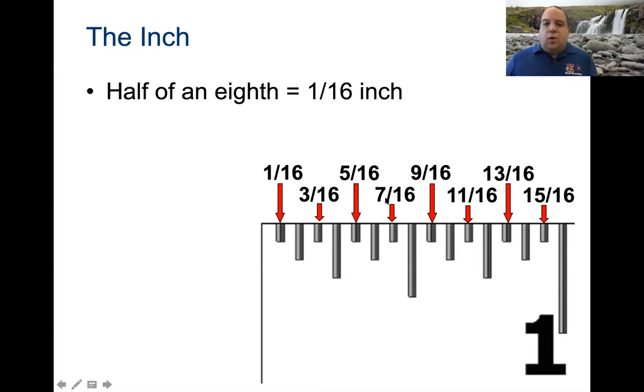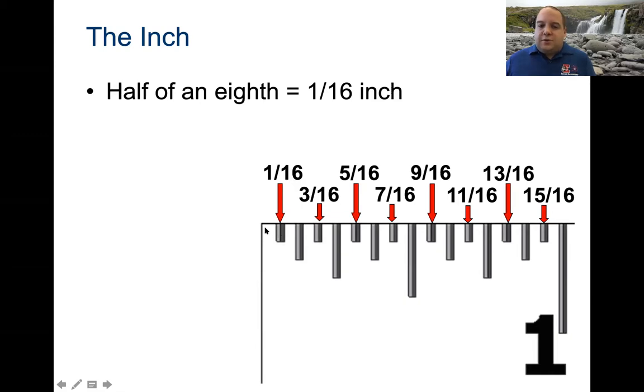Okay. So when you are counting on your ruler, as long as you can count to the number 16, you can easily figure out any of the measurements that are there. But if you need to cut a measurement in half, let's say, what if my measurement landed in between the 0 and the 16th?